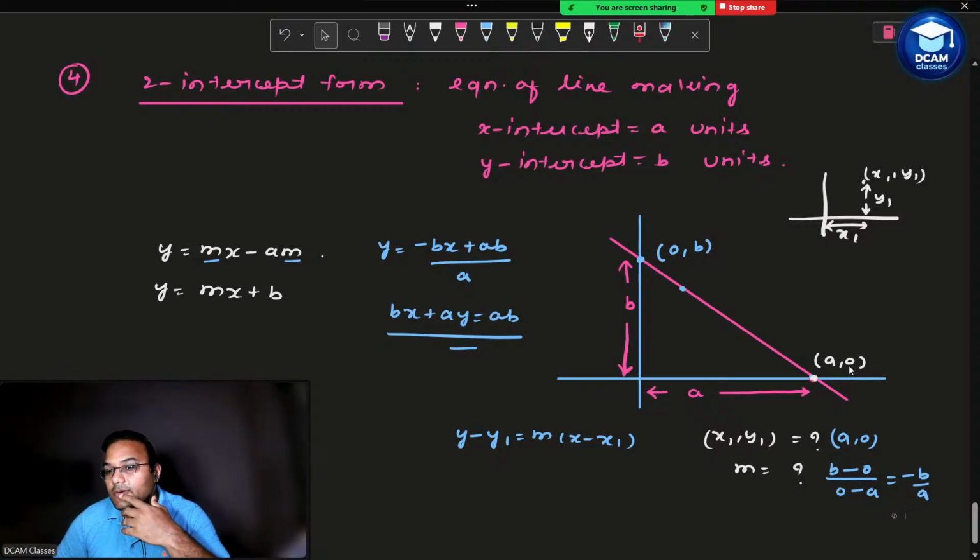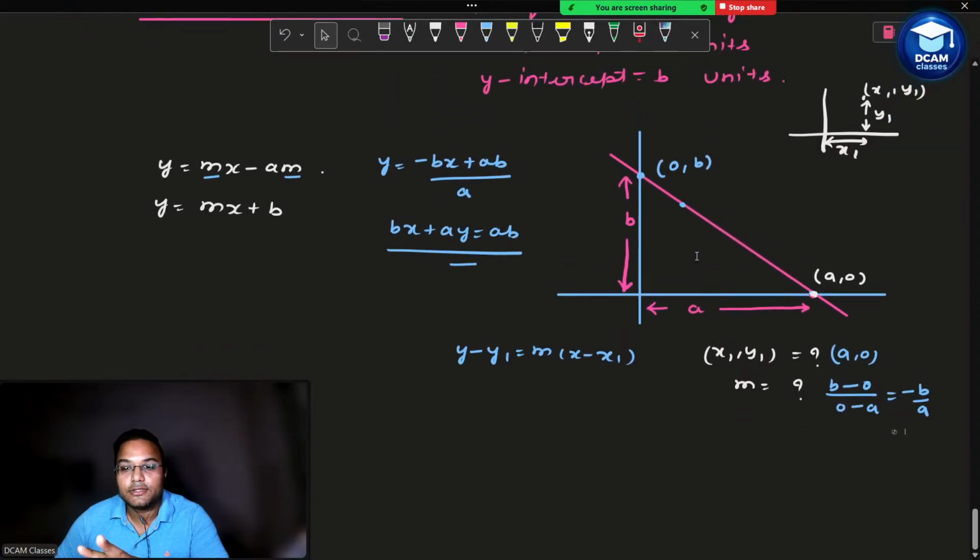That's why I've written a comma 0. Similarly, for this y-axis point, along the x-axis its distance is 0, but along the y-axis its distance is b. So the coordinate will be 0 comma b. You got the 2 points now. Now it's easy for you to find the equation.